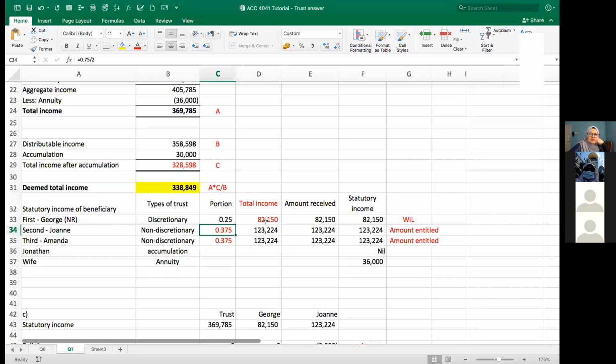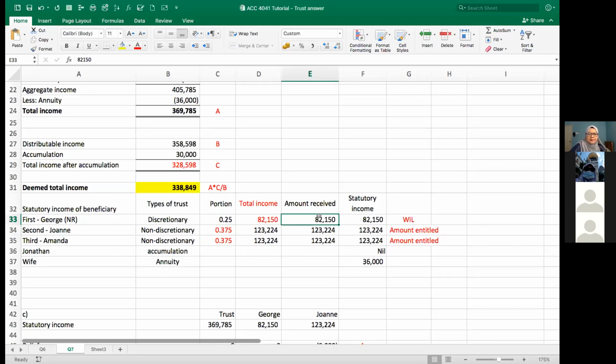Do we have to refer back to this amount to determine the apportionment? It's not in the information. No need. Yes, no need.